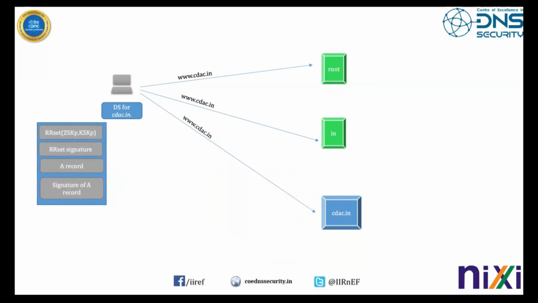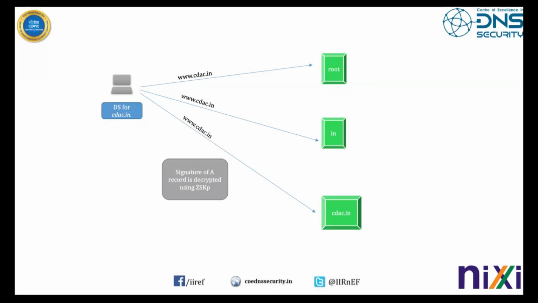So this set will go to the client. The client will verify the signature on the RR set, and this time only the comparison of the DS record obtained from the parent and obtained from the zone itself will be done, and the DS will be verified. Ultimately, once the signature on the A record is decrypted and compared, then whatever A record is in the RR set will be given to the final client.